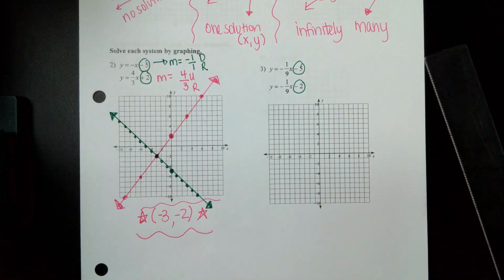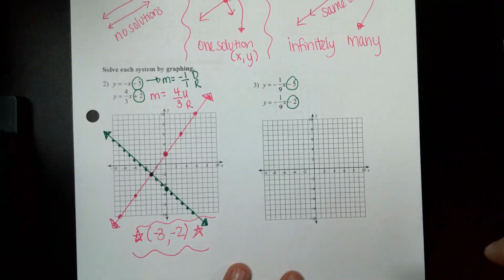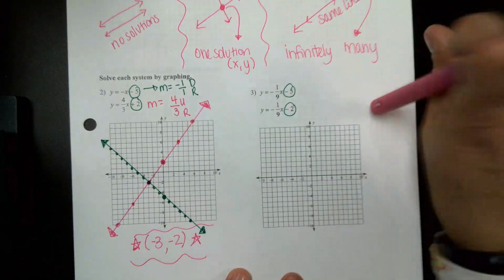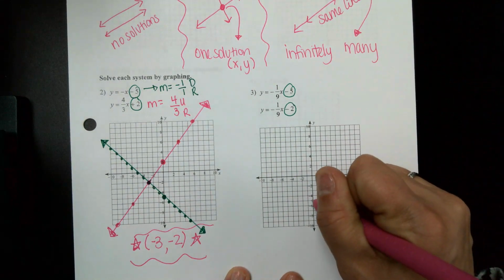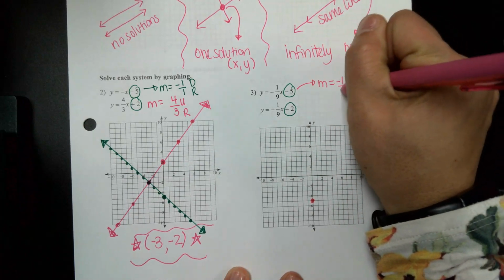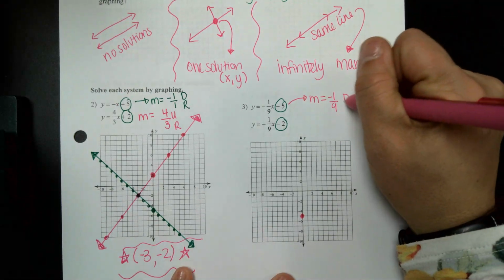And then I'm going to do the exact same thing on number 3. I'm going to graph each line, and I'm going to see if they cross each other. This one starts at -5 and then has a slope of -1/9. So if it's -1/9, we should be going down and right.